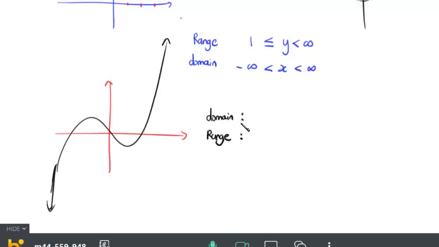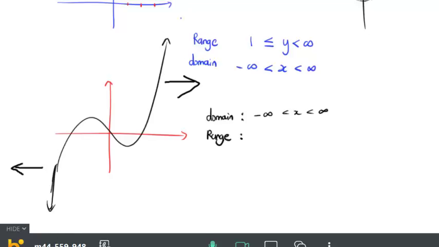All right, so domain and range for this one again. The domain here is negative infinity. You can see that this one keeps going to the left. It also keeps going to the right, isn't it? So this is negative infinity to infinity. And if you think about the y values, it's going to keep going up to infinity, and it keeps going down to negative infinity.